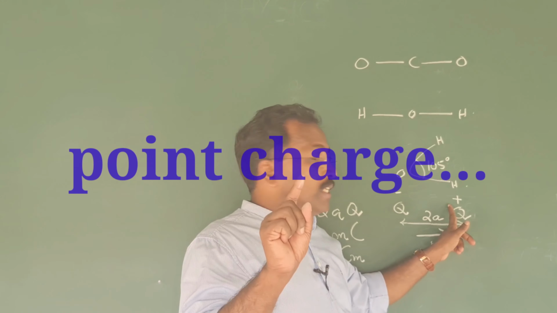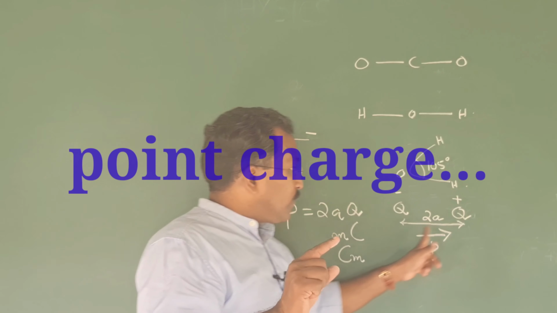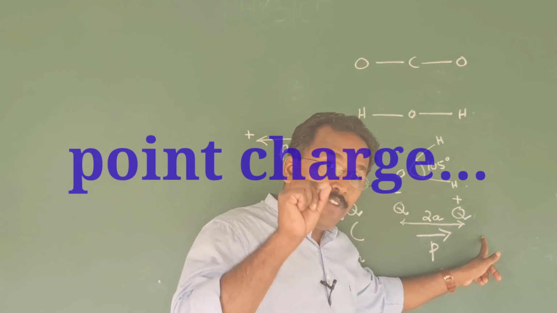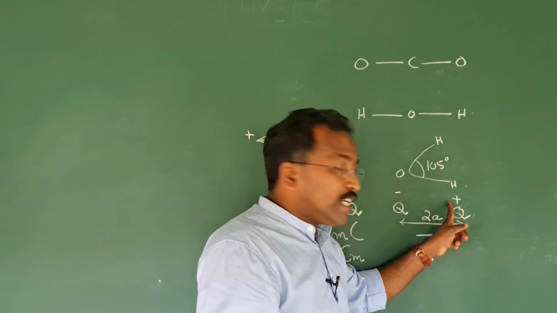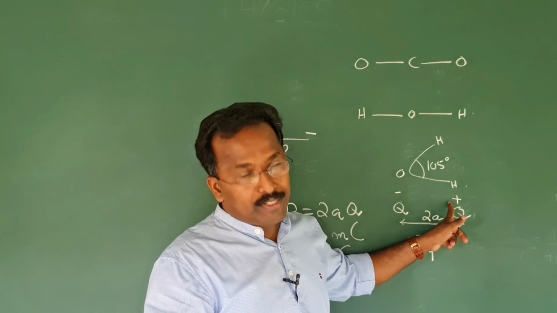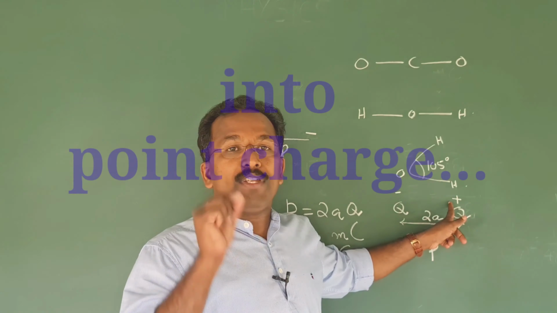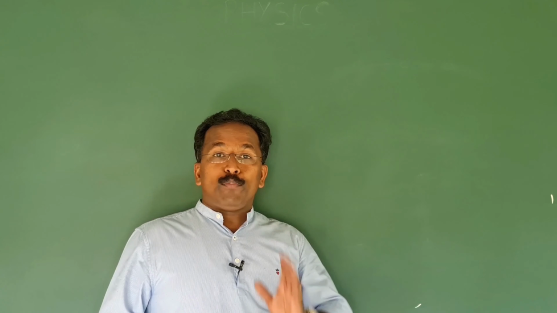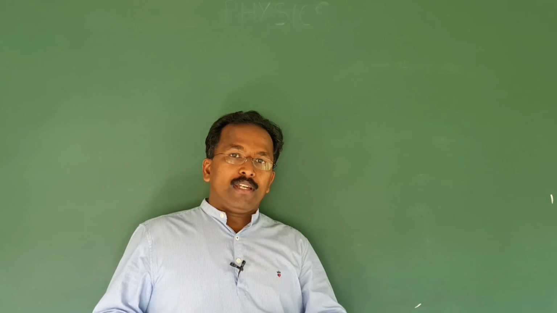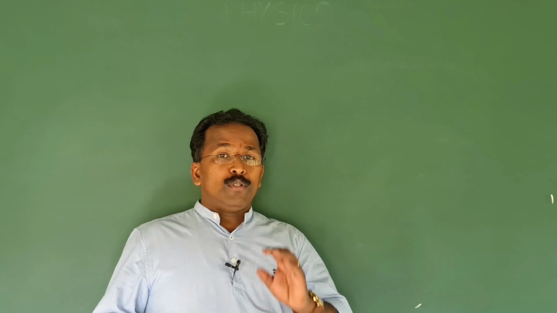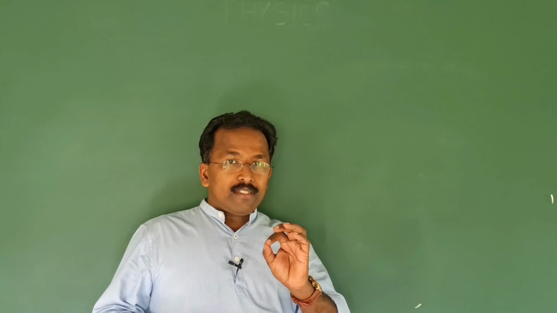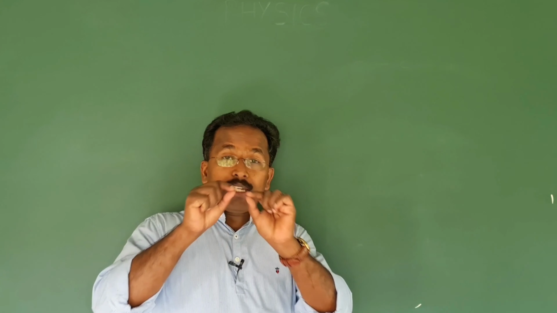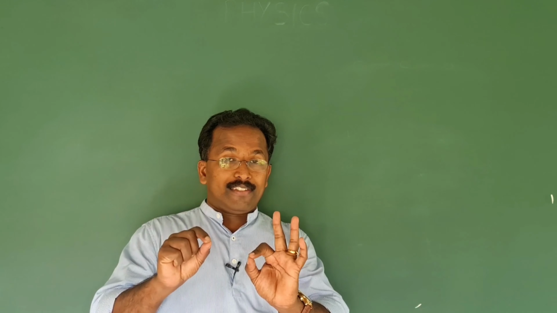For calculating the electric field of this electric dipole, we calculate the electric field due to a point charge first. So, we will find out the electric field due to a point charge first. I am once again reminding you, a point charge is expected to be somewhere in space.